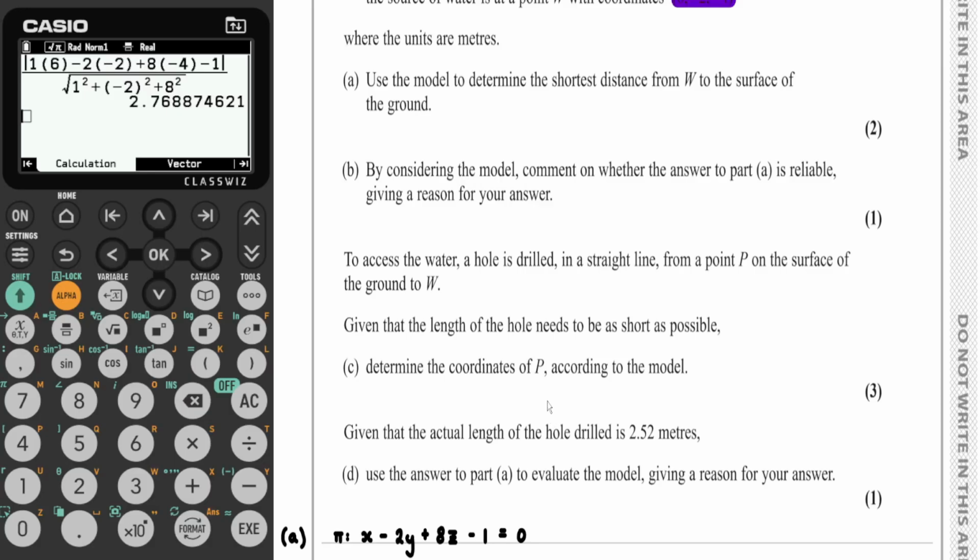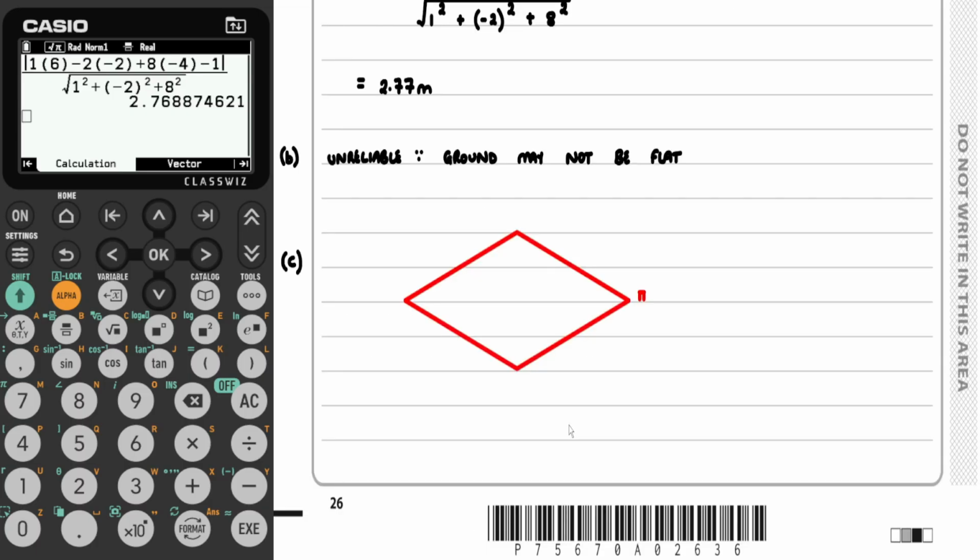To access the water, a hole is drilled in a straight line from a point P on the surface of the ground to W. Given that the length of the hole needs to be as short as possible, part C, determine the coordinates of P according to the model. Here is our plane pi.